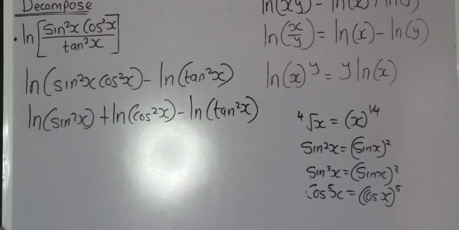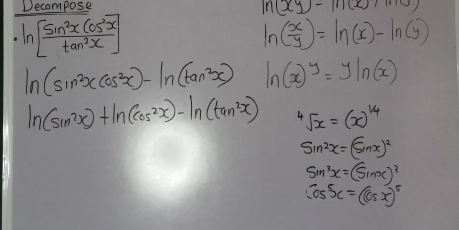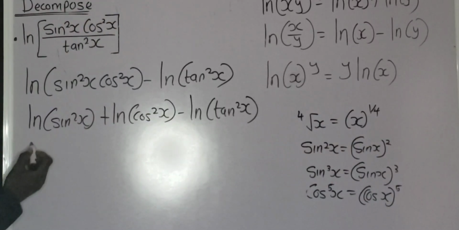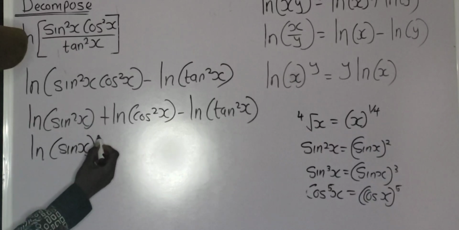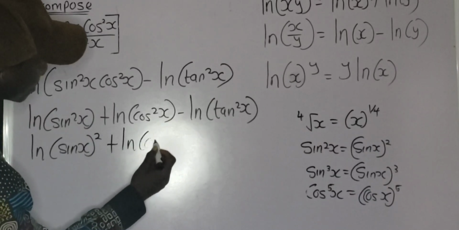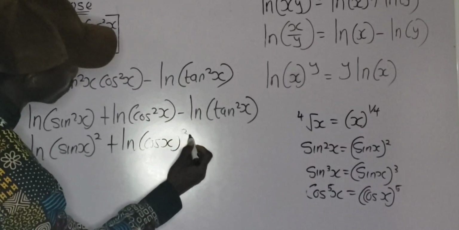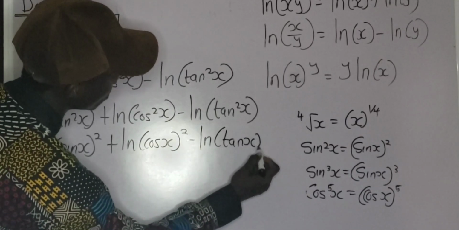So we have gotten to this point. Don't forget that we learned that sine square x can be written as sine x raised to the power of 2. So for this, I'm going to have ln sine x raised to the power of 2 plus ln cos x raised to the power of 2 minus ln tan x raised to the power of 2.